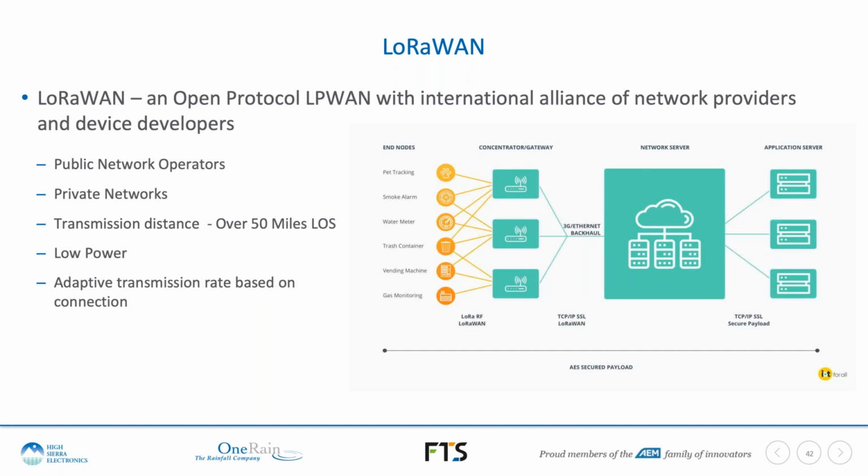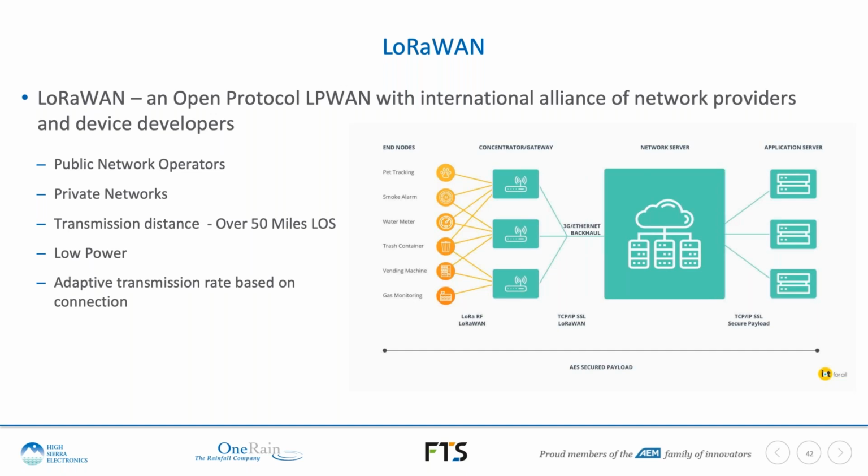So this diagram shows various types of end nodes or sensors and transmitters transmitting through a gateway that then goes through a network server, and the network server performs security checks. It filters duplicate messages, basically manages the network, and then forwards data to application servers.